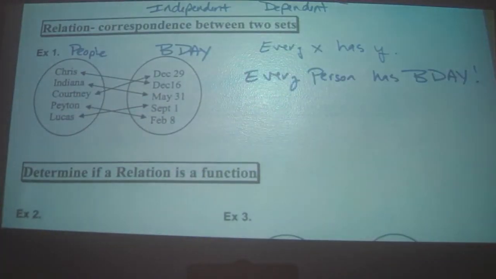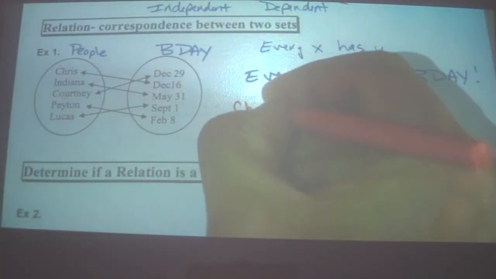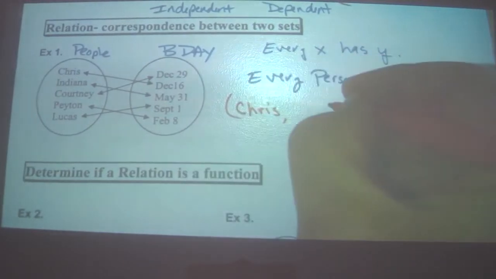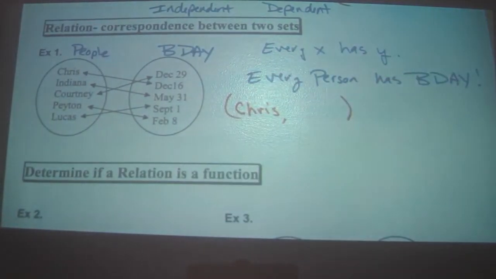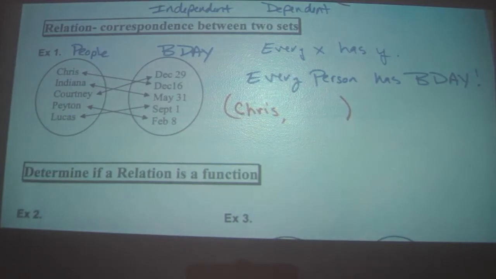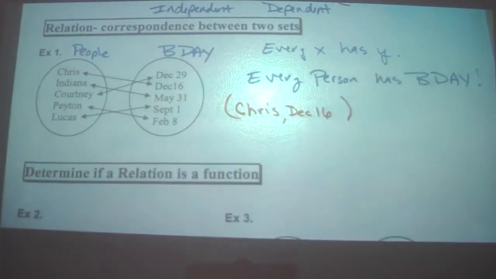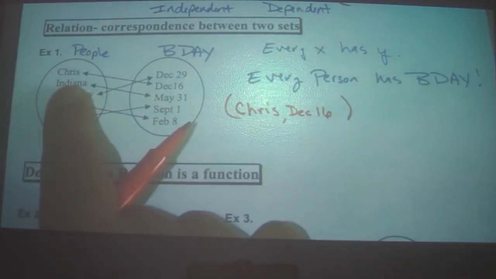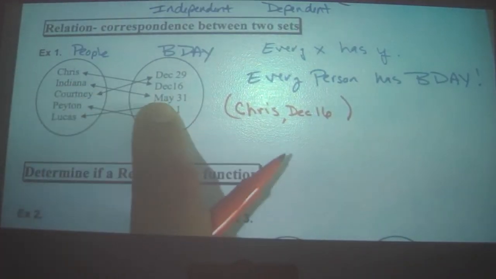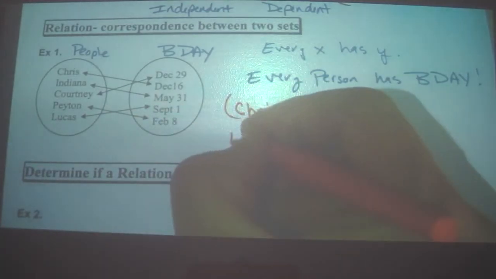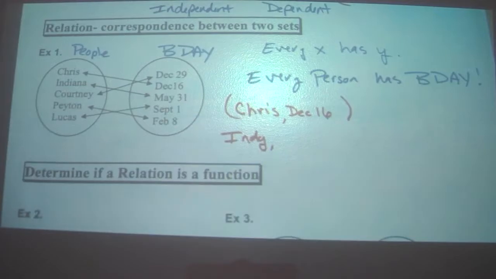Now, if we want to, we could write these as ordered pairs, okay? So, for example, when is Chris's birthday? What do you say? John, Trey, Logan, when is Chris's birthday? December 16th. Perfect. Next, I have Indiana. Indiana, May 31st. You guys okay with that? I'm going to write Indy for short.